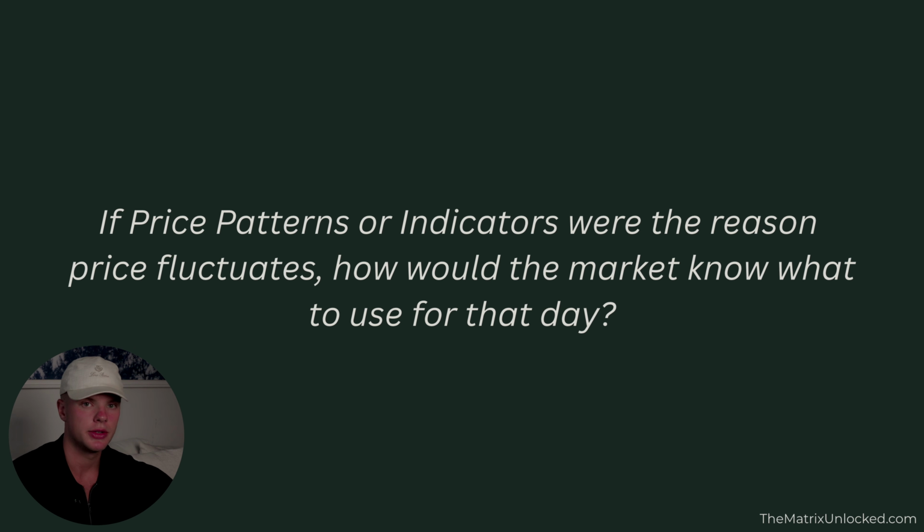If price patterns or indicators were the reason price fluctuates, how would the market know what to use for that particular day? How would the market know that for that particular day it's going to be using a head and shoulders price pattern, or it's going to be using, for example, a double top, or it's going to be using a moving average rejection, or a MACD cross, or whatever else you could use to basically trade, which is not time and price?